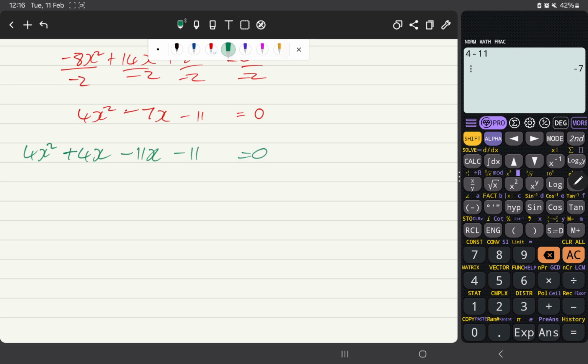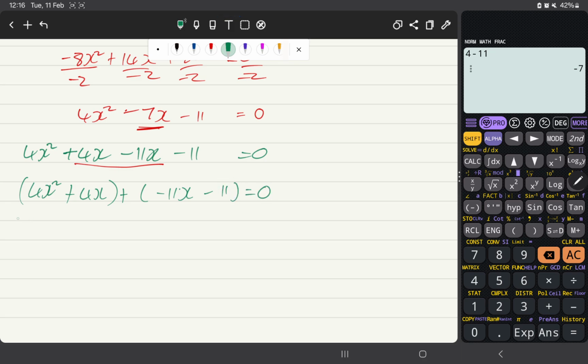You see what I did there? These two give me minus 7. So I can group them: 4x squared plus 4x, the first group, plus minus 11x minus 11 equals 0.